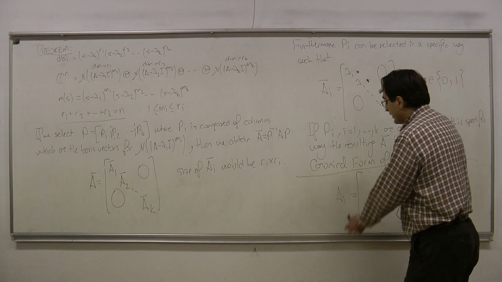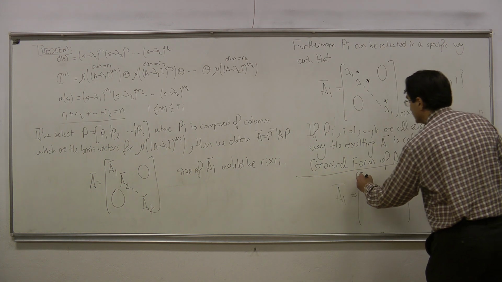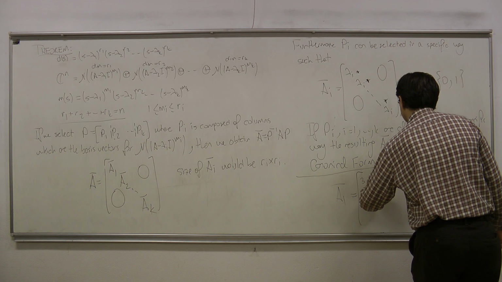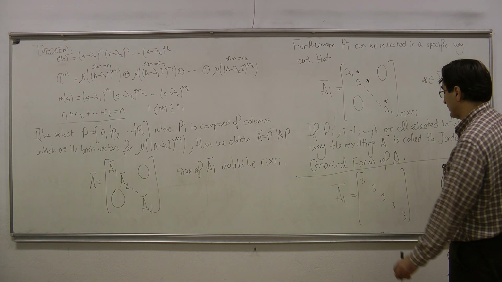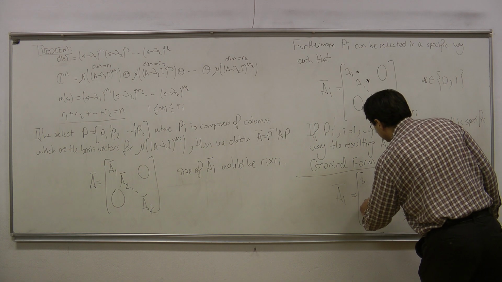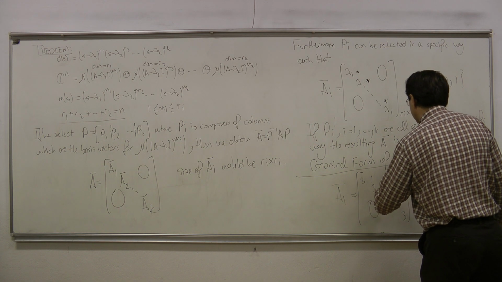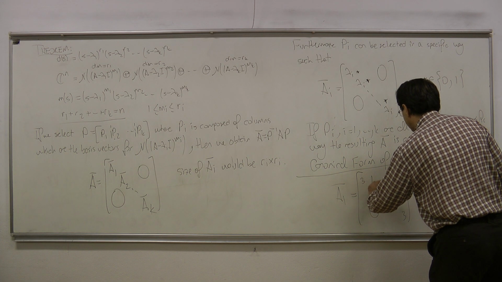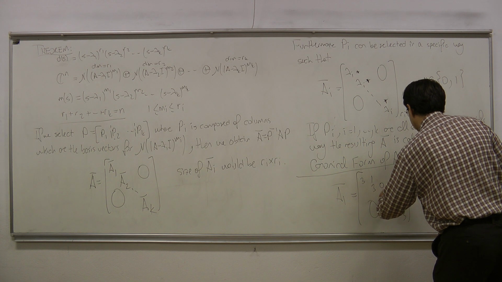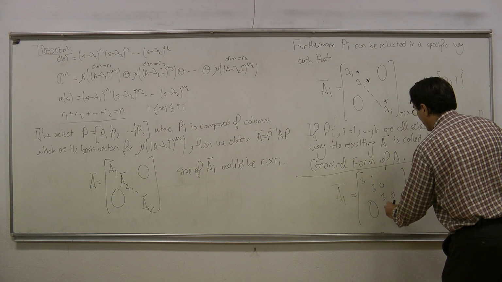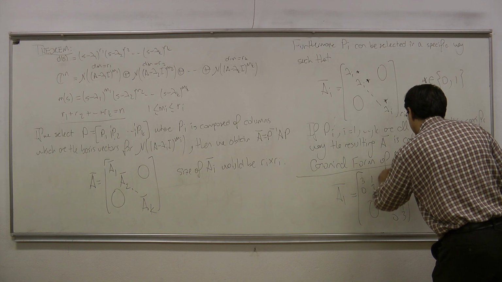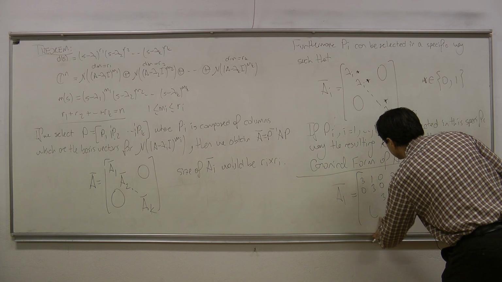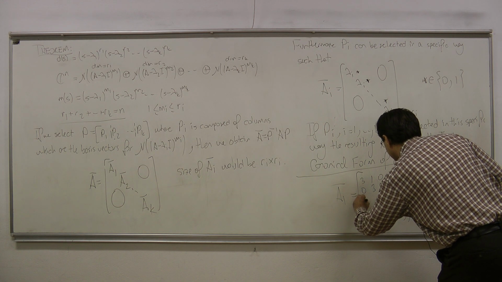Okay? For example, A1 bar can be looking like this, 3, 3, 3. A1 bar might be a 5 by 5 matrix when I select my basis vectors like this. And here, these elements can be 0 or 1. Okay? I just made this up. So let me fill in this matrix. It is really looking like this.